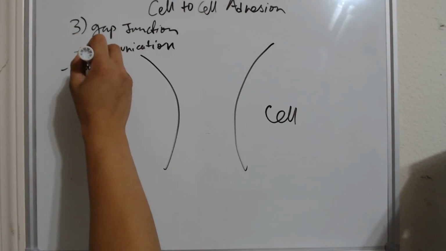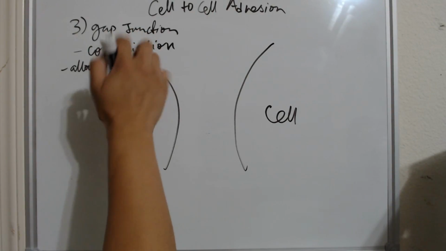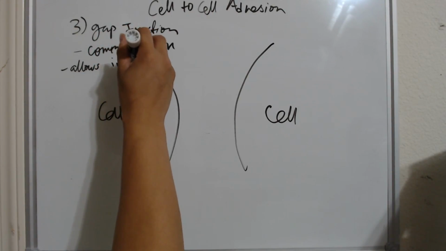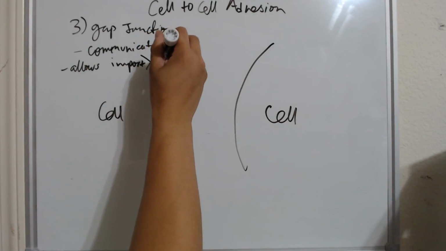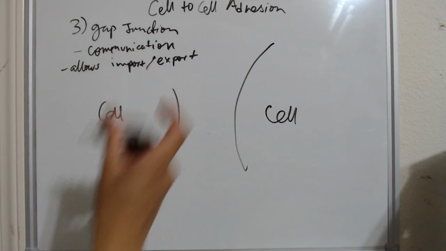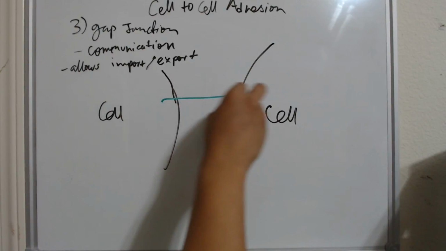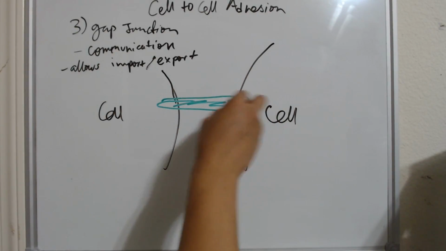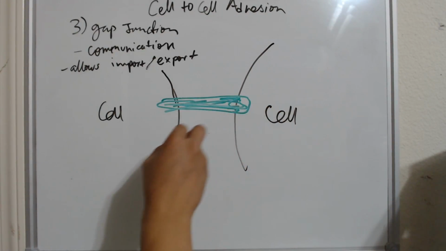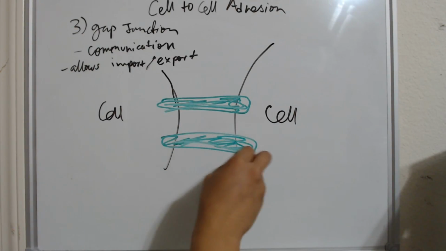Allows import and export. So allows molecules to go through. So in between two cells, there's a passage of right here. There's a passageway between them.